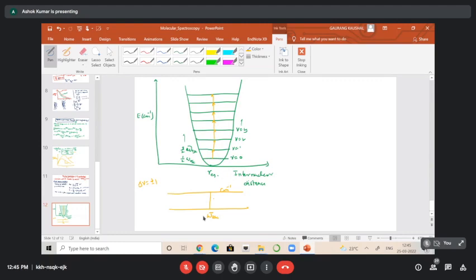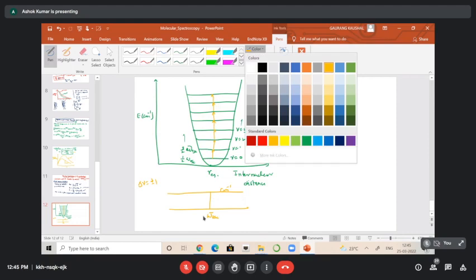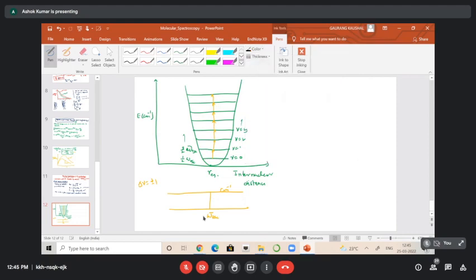Similar to the rotational spectrum, here the molecule should have a permanent dipole moment. If the molecule doesn't have a dipole moment in the ground state, the spectral line will not be observed. So a permanent dipole moment should be there in the diatomic molecule, so that the incident light will interact with the dipole moment and the spectrum will be observed.